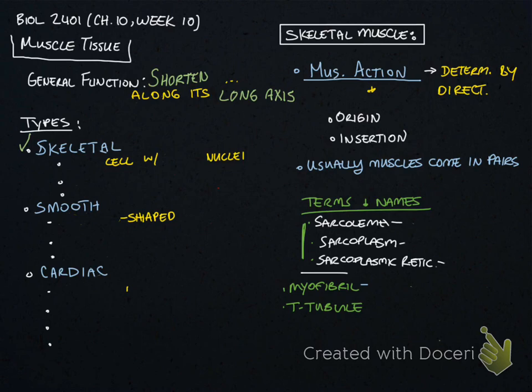Okay, so let's go over some of these types of muscle tissue and their general characteristics. Skeletal muscle, that cell sort of looks like this. It's a long cell with multiple nuclei. The nuclei are pushed out to the sides of the cell.